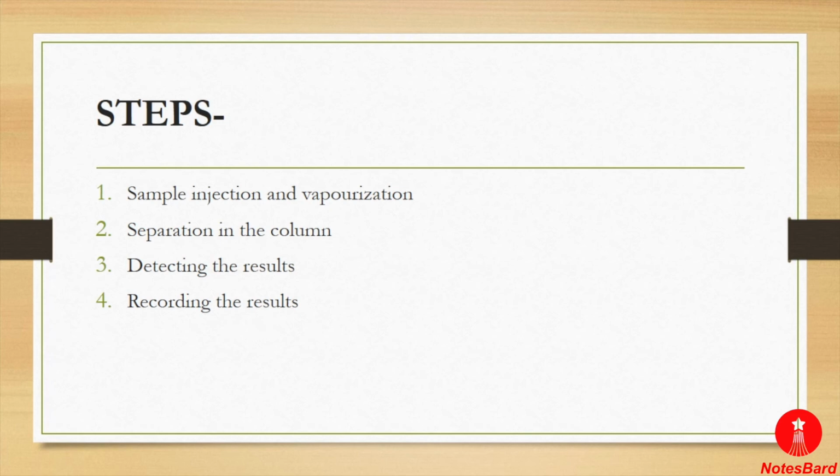According to their affinity, different components of the mixture are separated in the column, and then they are detected by the detector and the results are recorded. After that the results are analyzed and the components found in the mixture are identified.